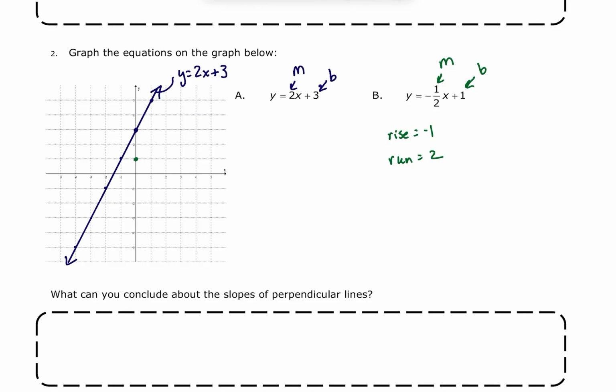So we're going to go down 1 over 2, down 1 over 2, down 1 over 2. And that gives us our second equation.